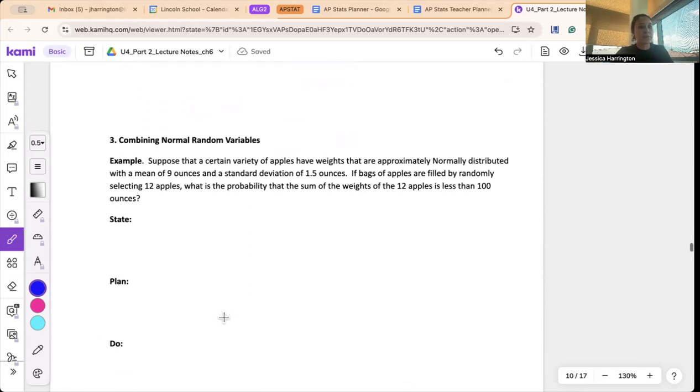So let's do number 3. Number 3 says, suppose that a certain variety of apples have weights that are approximately normally distributed, there's that word again, with a mean of 9 ounces and a standard deviation of 1.5 ounces.